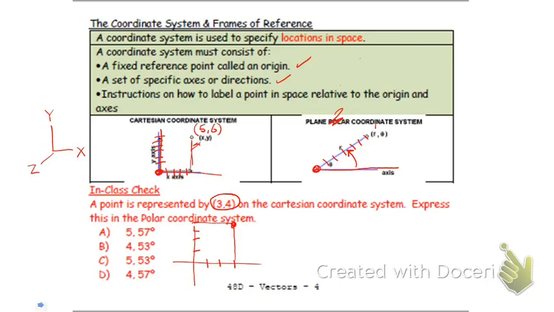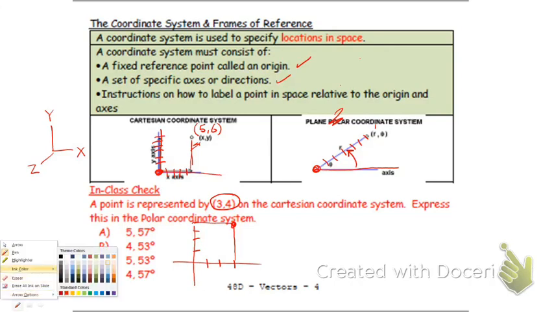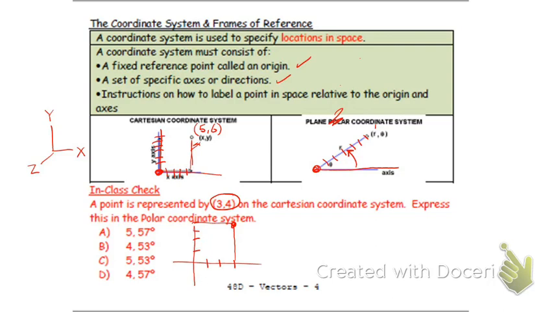So now let me change my colored pen so you can see kind of what I'm doing here. Let's go to a green. There's my point of interest now. And what I can say is that, let's call this R. R squared equals x squared plus y squared.